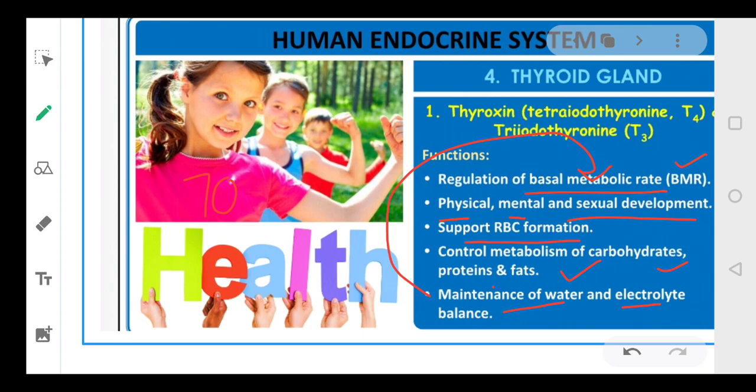So T3 and T4 help in maintaining the amount of water present in our body as well as the amount of ions present in the body. And since they regulate all these processes, this brings us to health. So we can be healthy if all these processes are regular and continuous in a proper manner.